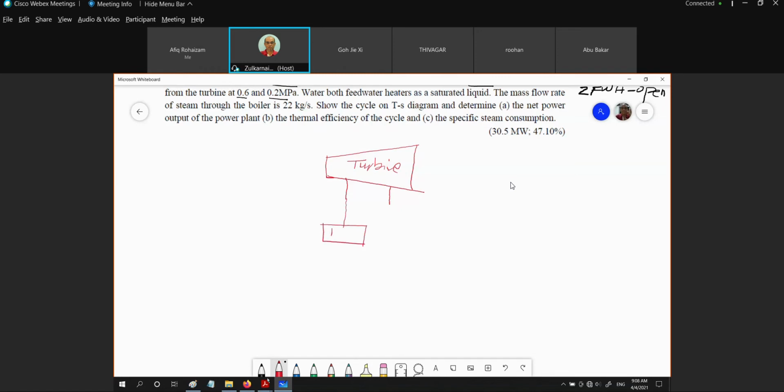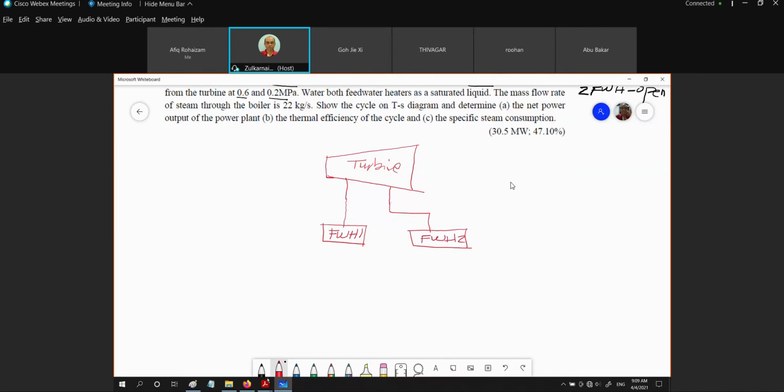Let's say this is feed water heater 1. And then the second extraction will go to the feed water heater number 2.